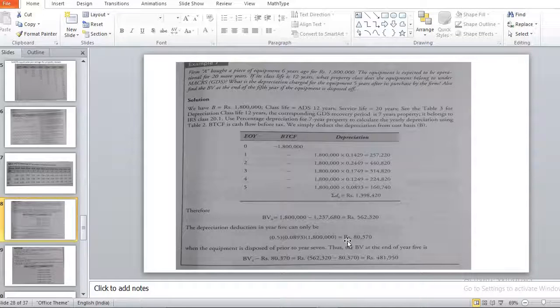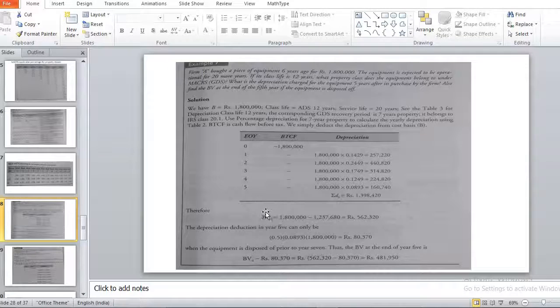And now the book value for the fourth year. If the equipment is disposed of at the end of the 5th year, this is considered the book value for year 4.